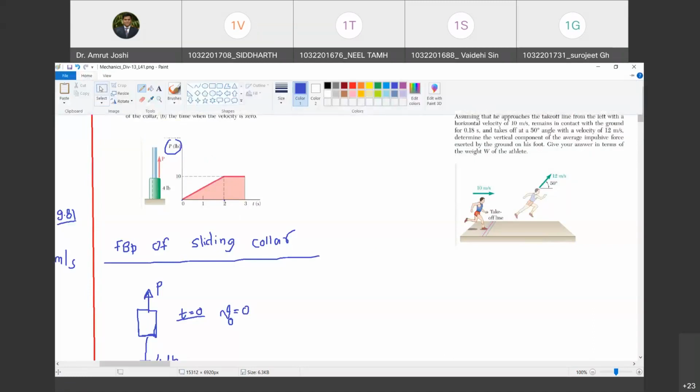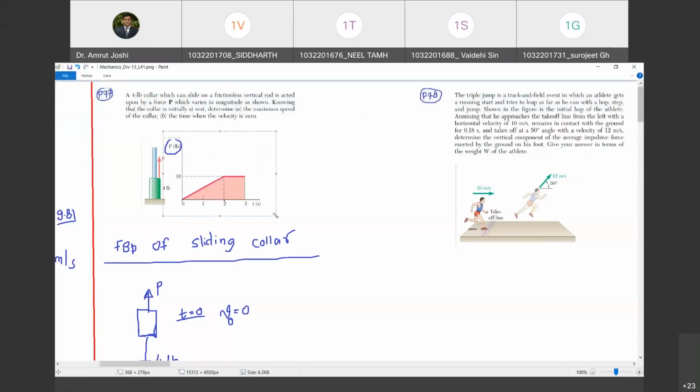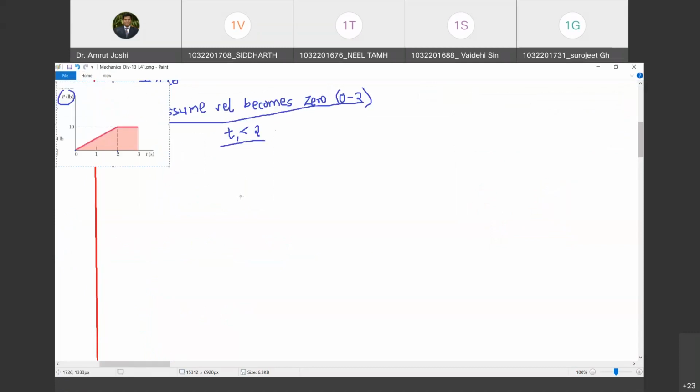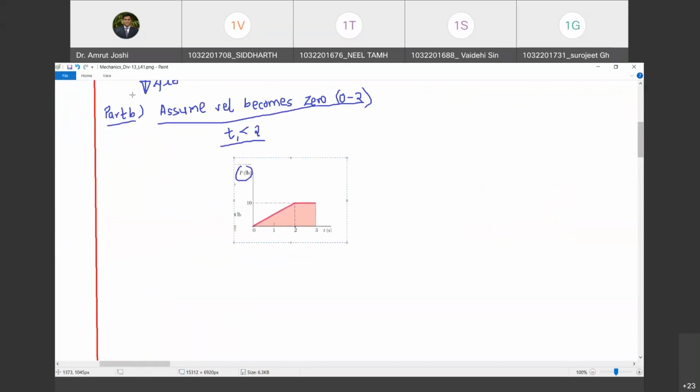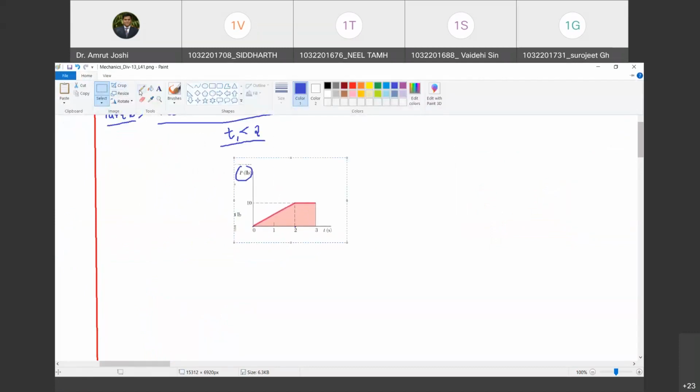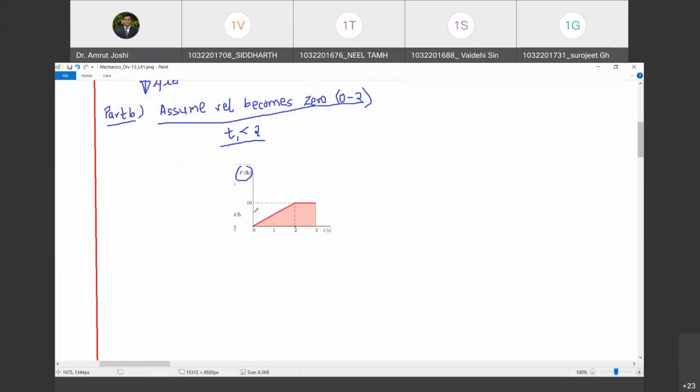Now just have a look at this diagram. If I consider any time between 0 to 2 seconds, what will be the force at time t? Up to a time of 2, you get a force of 10 lb.